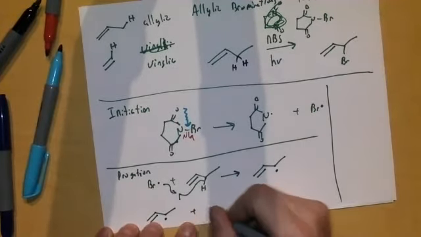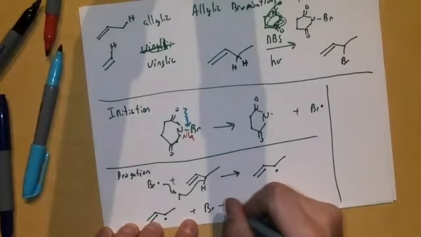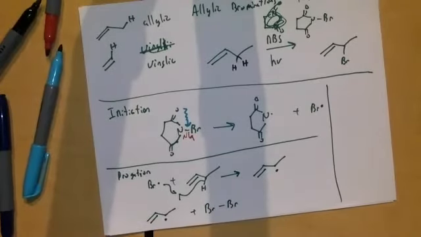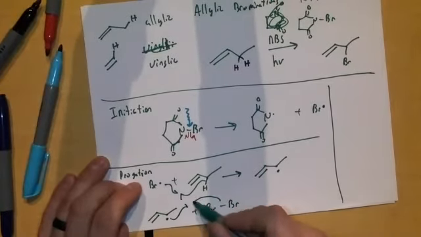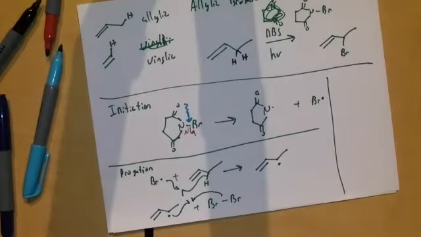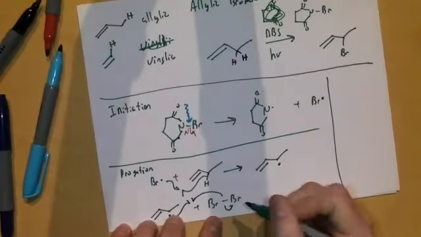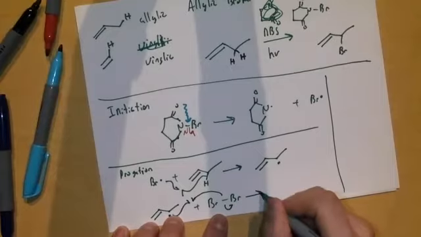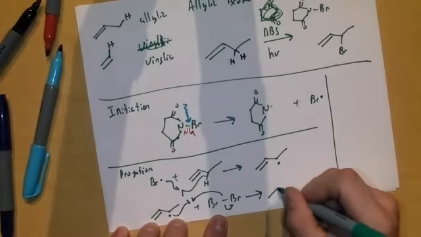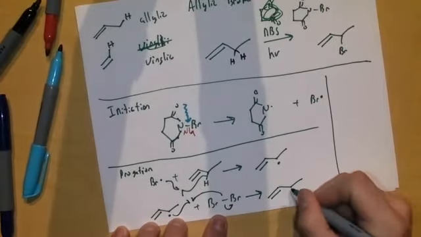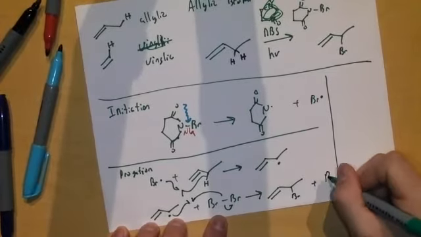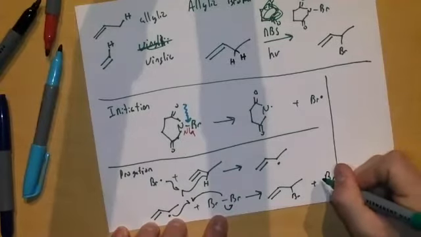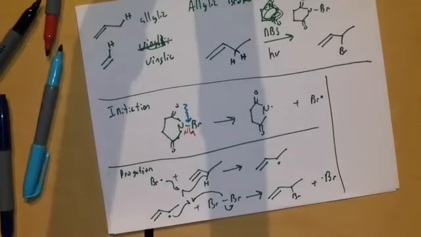So this is going to react with Br2, and I will explain where we get Br2 in a minute. It can react with this Br2, kicking out our product plus a bromine radical.